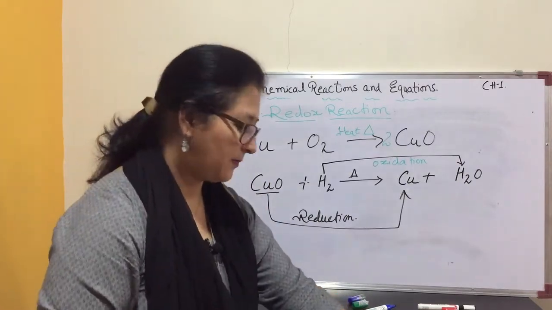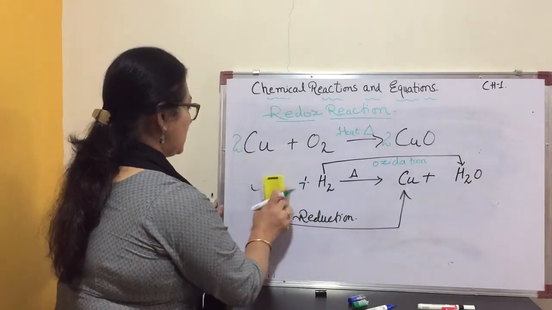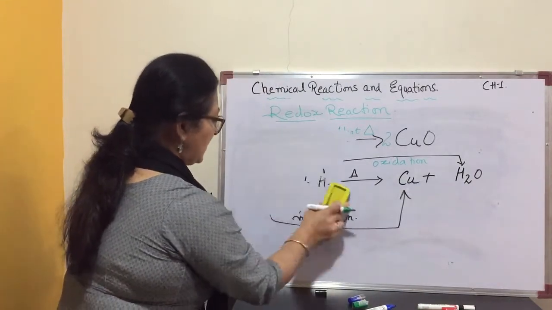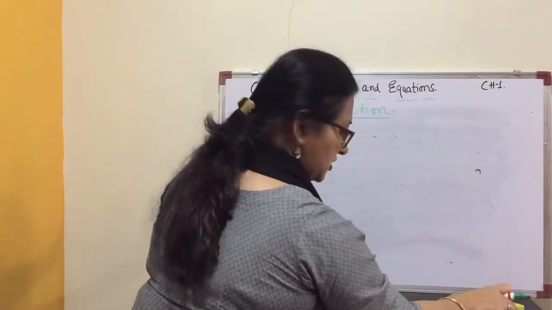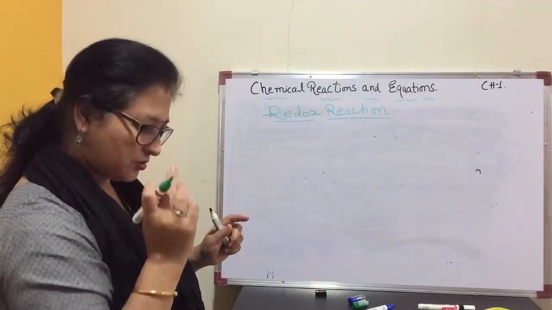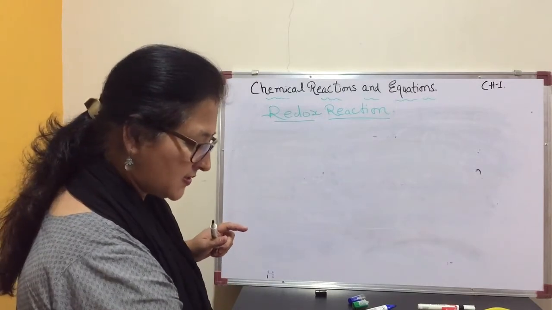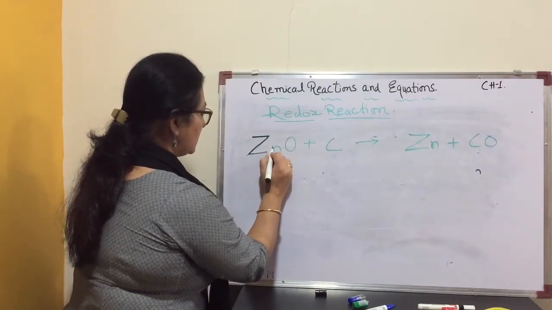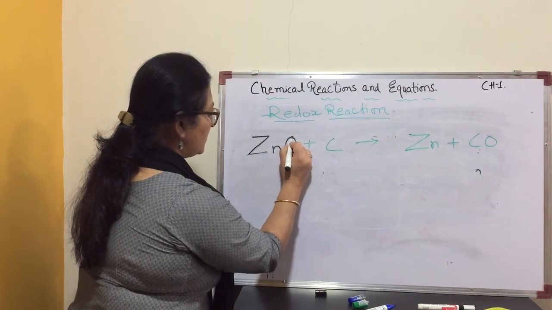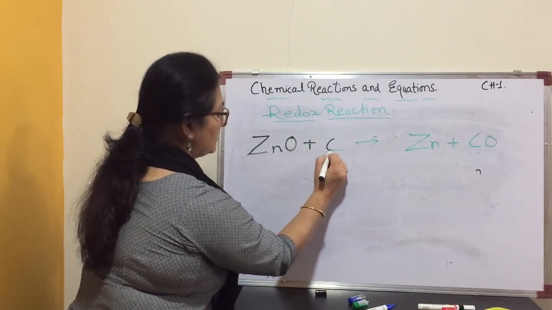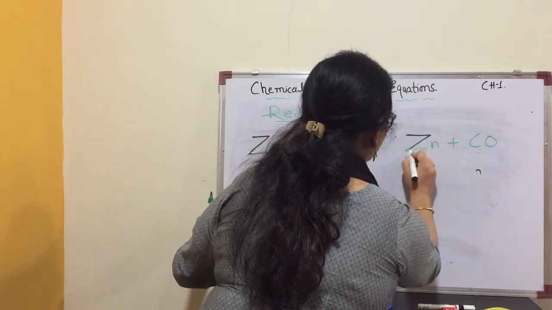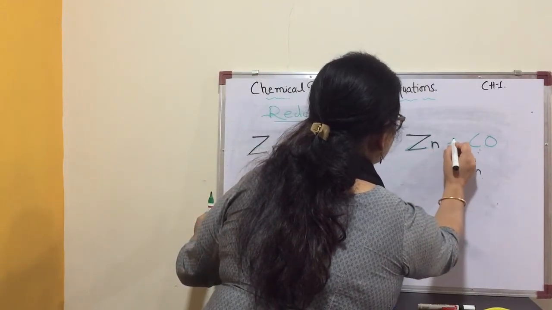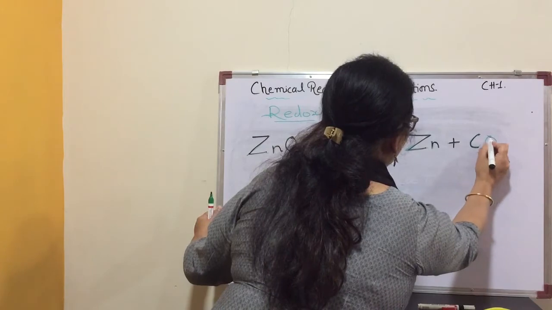So here we have completed this equation. There are two more equations left and we are done with the revision of the chapter. Let's do the other two equations fast. Zinc oxide plus carbon gives zinc plus carbon monoxide.